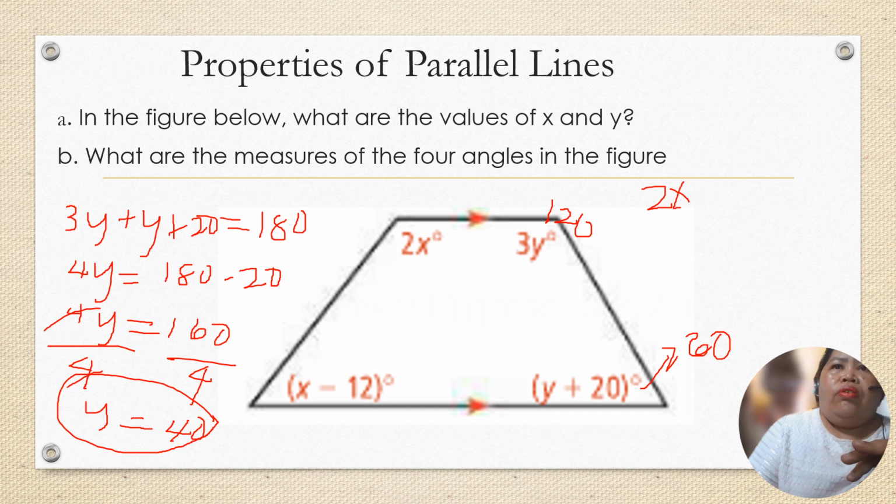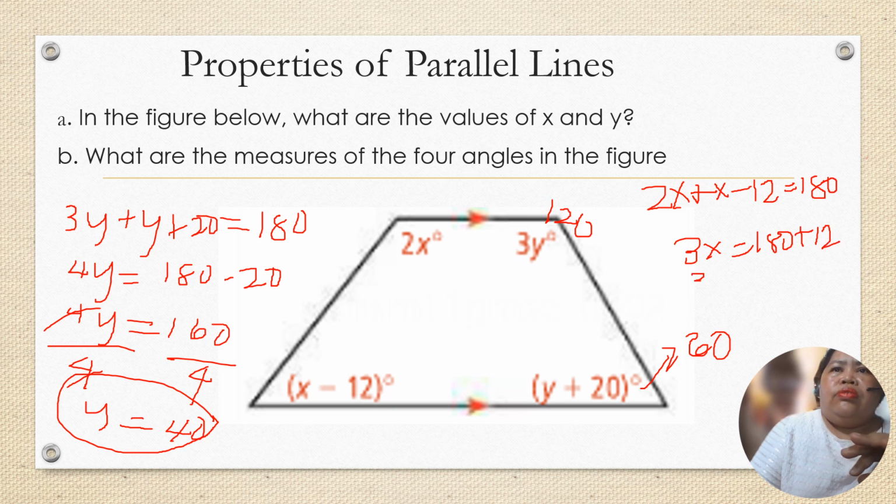2x plus x minus 12 is equal to 118. Okay, so 3x is equal to 118 plus 12, 3x is equal to 192, no?